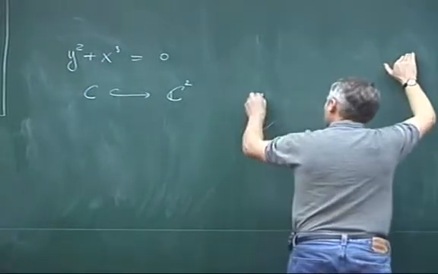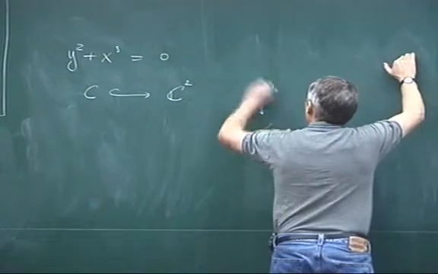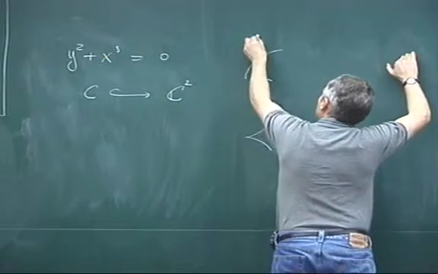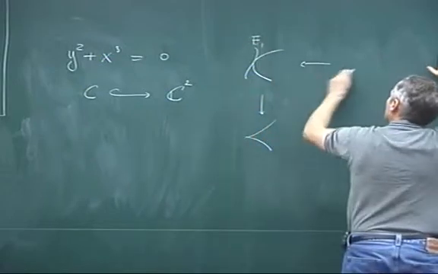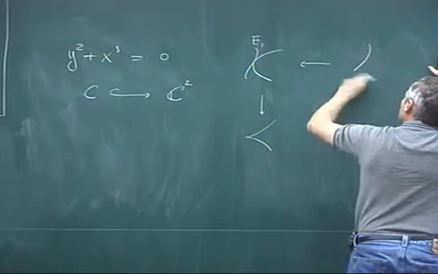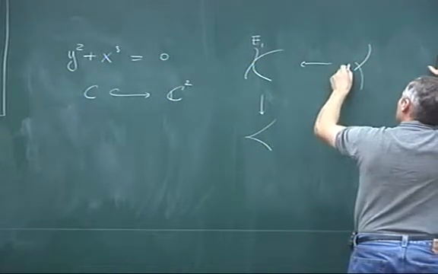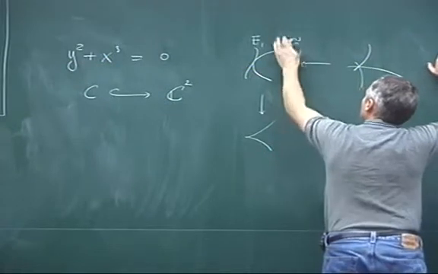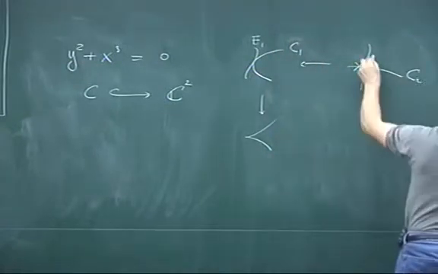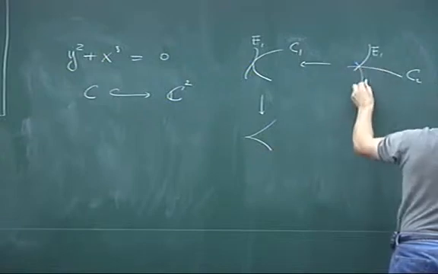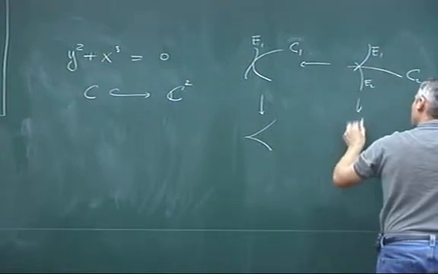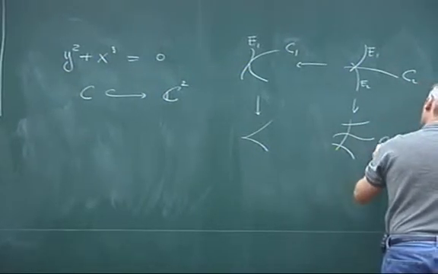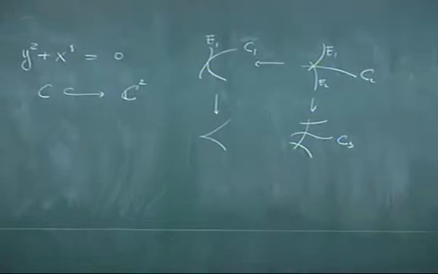You take the cusp, you blow up once and you get something that's tangent, gives you E1. You blow up another time, you're going to get three curves. You're going to get C tilde, C1, C2, E1, E2, and then of course finally you blow up and you get everything normal crossings.